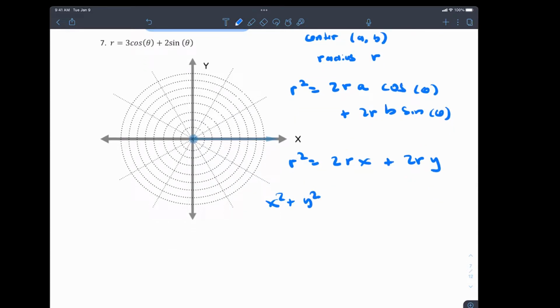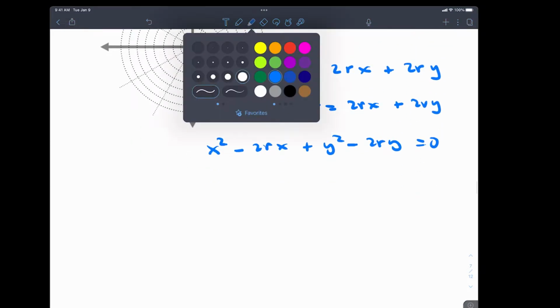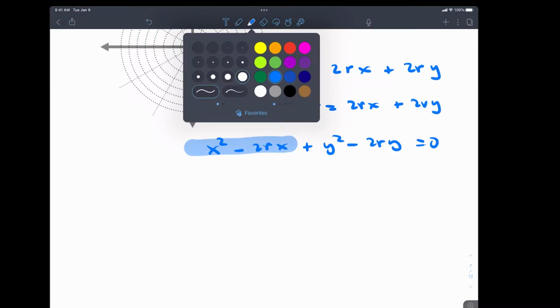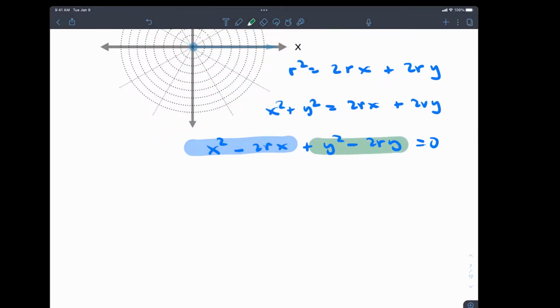X squared plus Y squared equals what? 2RX plus 2RY. And then you subtract the terms: X squared minus 2RX plus Y squared minus 2RY equals 0. And then now you complete the square with the X variable. You complete the square with the Y variable.